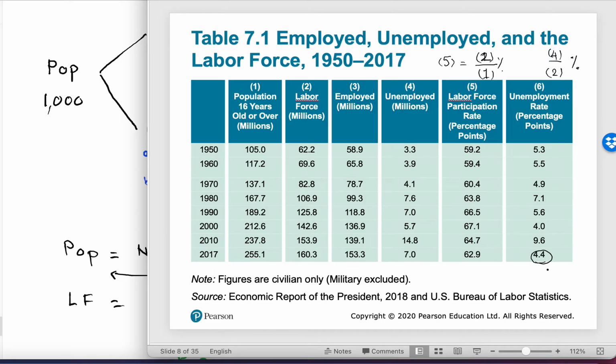It was the lowest possible in the US economy. I mean, very, very reasonably low in the US economy. Okay, so this is the way that it's been measured, and it's very simple and straightforward.